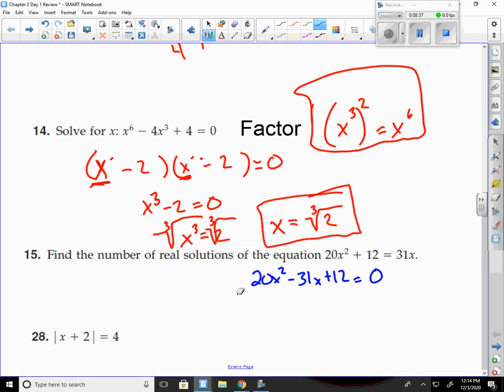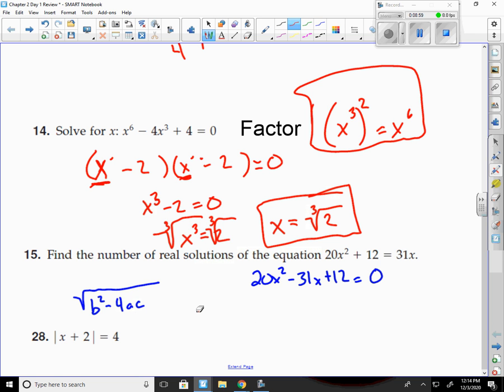Now, if it wants to know the number of real solutions, you don't have to actually solve for x. What you have to do is take the discriminant, b squared minus 4ac. If you remember correctly, that's just the part that's under the square root from the quadratic formula.